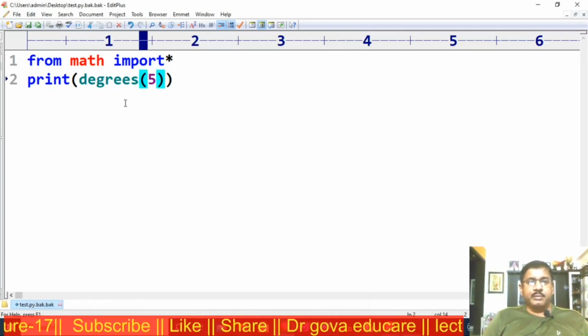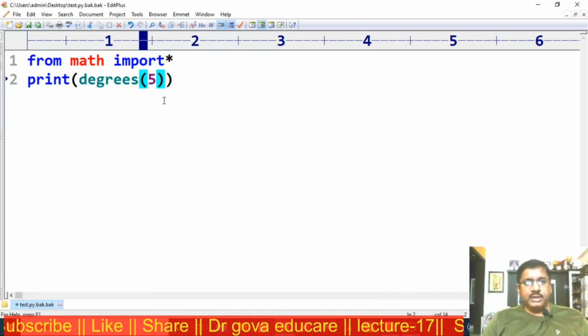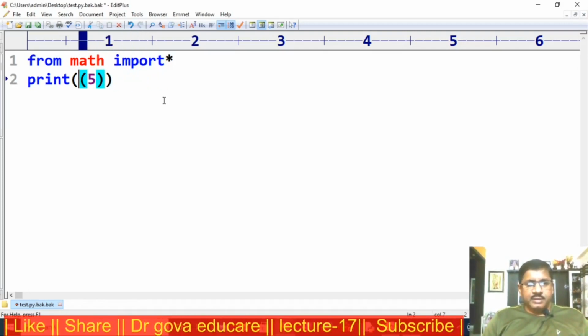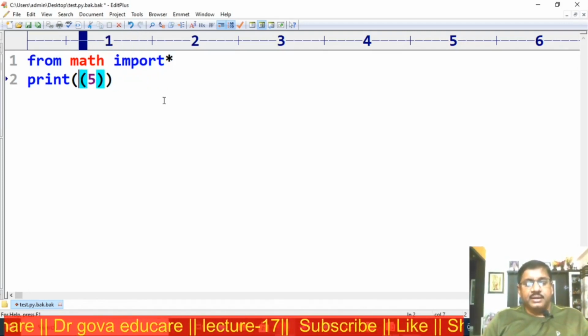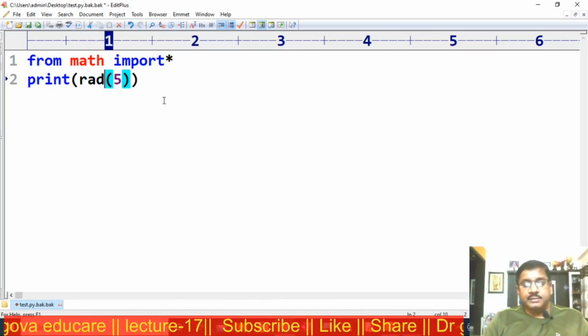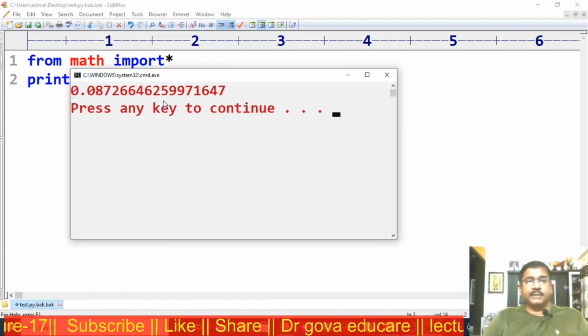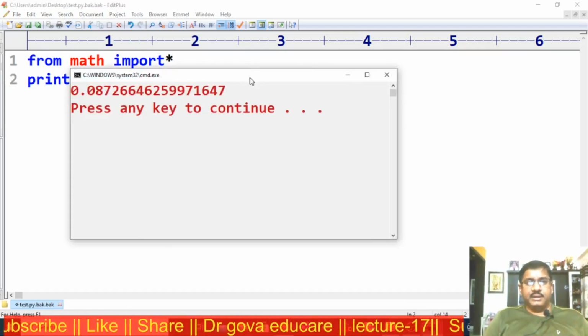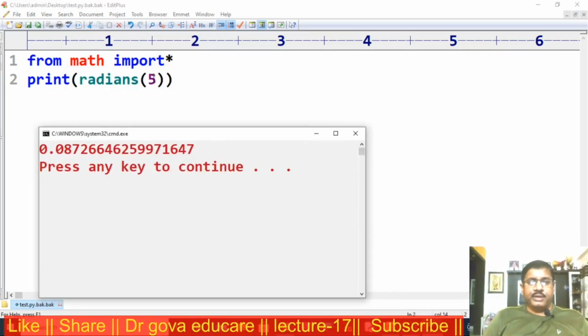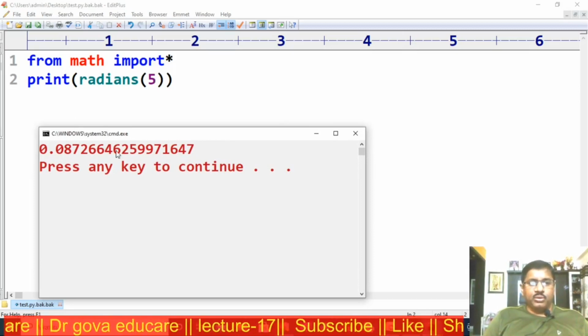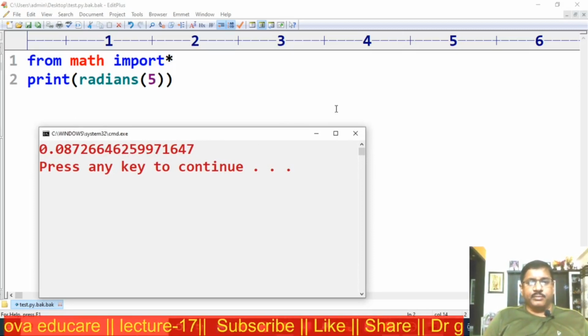Now there is a built-in function. Now I want to convert 5 degrees into radians. Now this is the 5 degrees equivalent radian value.